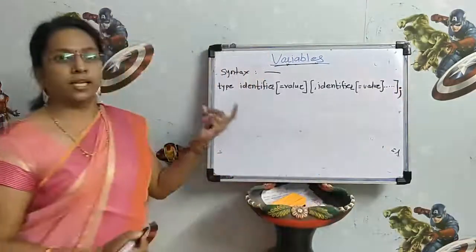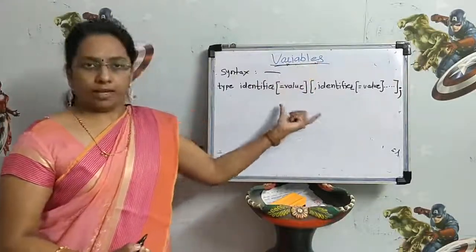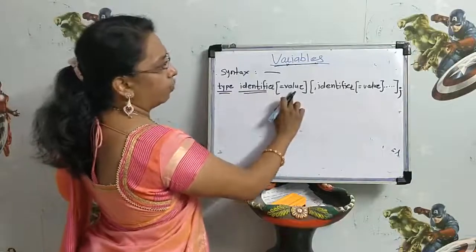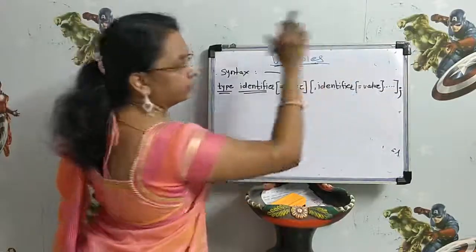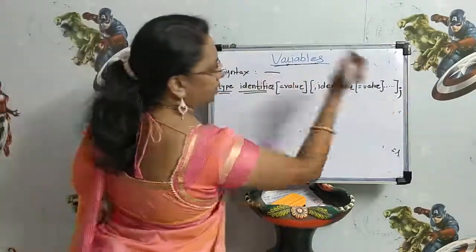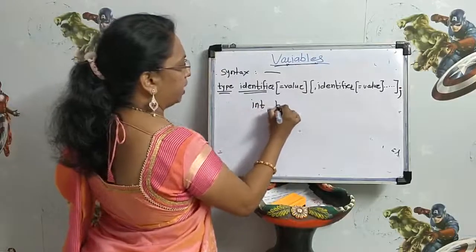This is the syntax. In general, how do we define the variables? First it's the type, then the identifier, then the value, and you can store multiple values with variable names, and it ends with a semicolon. For example, as I said, int b equal to 50.